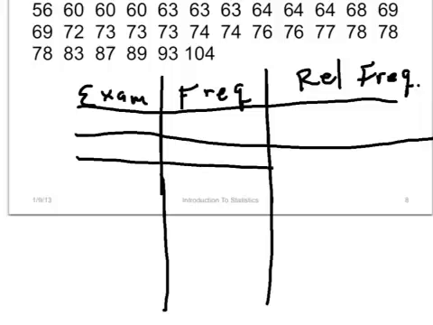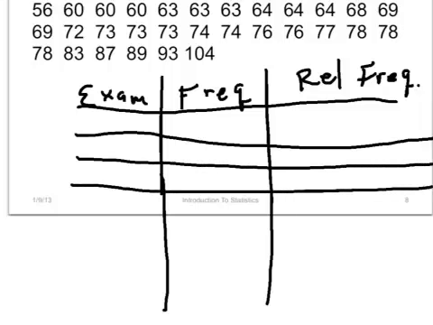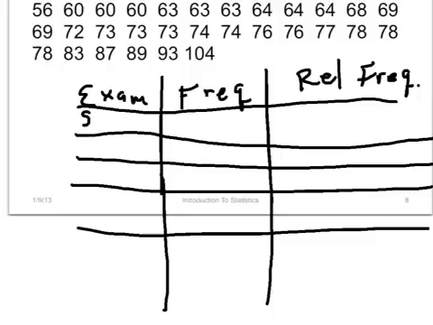1, 2, 3, 4. So starting with 56, I'm going to go 56 up to and including 64. And then I'm going to start this one at 65, and this one is going to go up to 73.